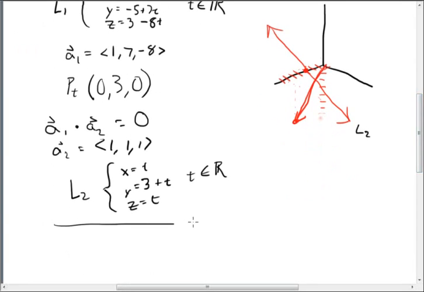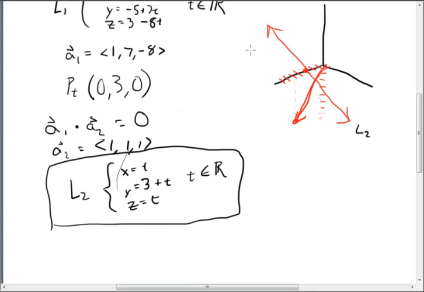So this would be your equation of a line perpendicular to the line parallel to vector A1. So L2 is perpendicular to L1. I'll do some more problems like this in hopefully a clearer fashion in the next video.